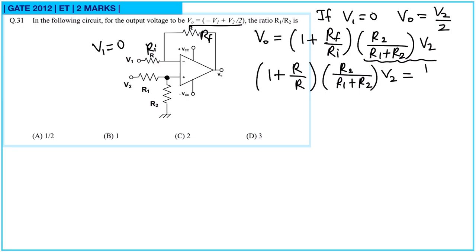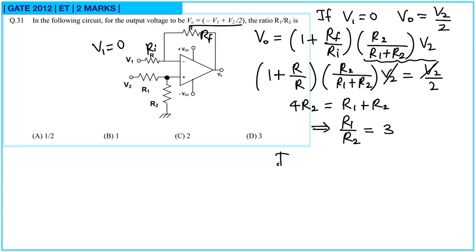This is output voltage, but output voltage is equal to V2 by 2. So V2 by V2 will cancel out. This is 1 plus 1, that is 2. So I'll get 4R2 is equal to R1 plus R2. That gives you R1 by R2 is equal to 3.